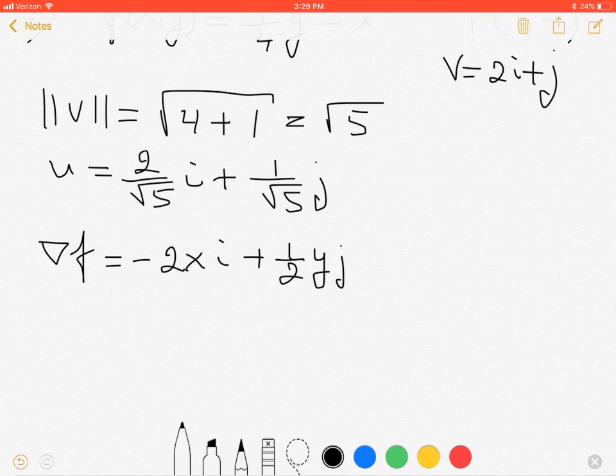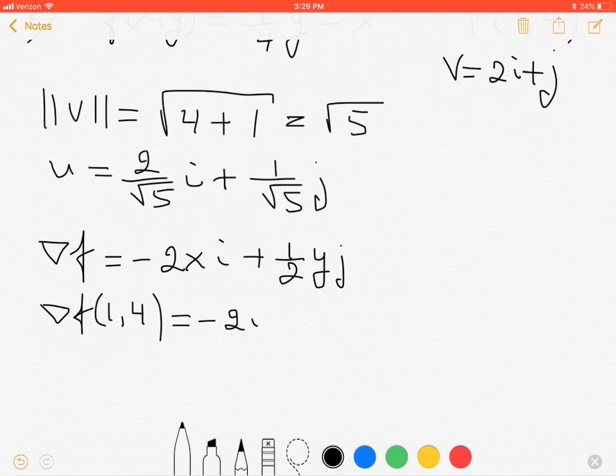You can find the dot product of the gradient and u, then plug in, or you can first plug in, then find. I think we plug in first. Gradient f at point P, this means from point (1, 4), you have minus 2i plus 2j.